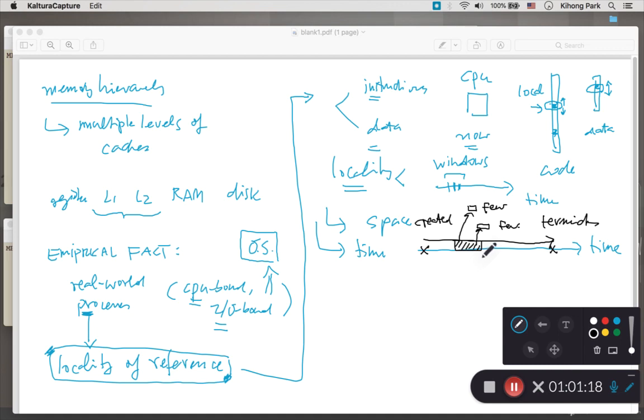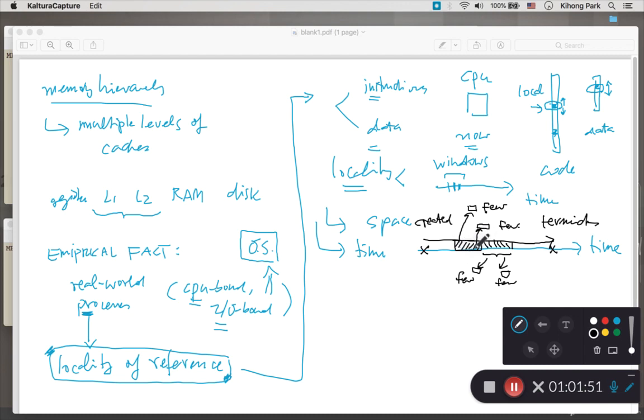After some amount of time passes, maybe the code will switch to other instructions. So maybe during this time window, a few other instructions and few other data items are needed during that time window. So this doesn't have to stay constant throughout the entire lifetime. It can change from here to there. But this time window is fairly large in terms of the time scale of what we are talking about.